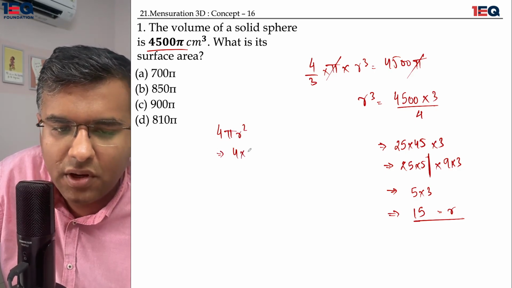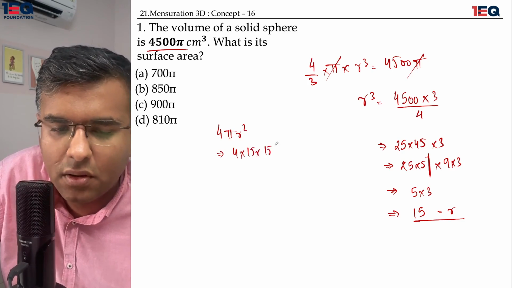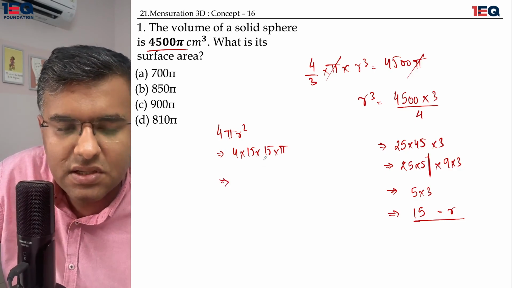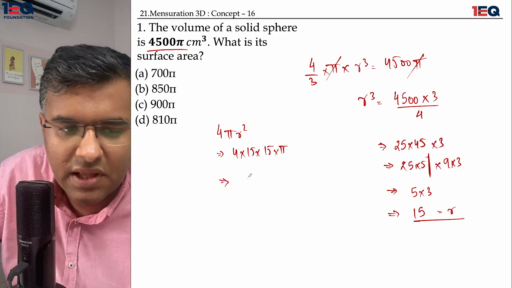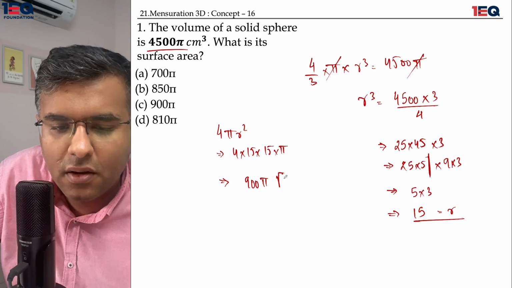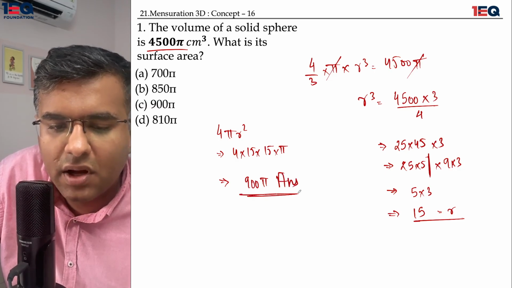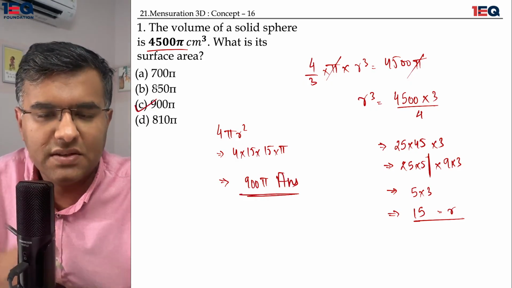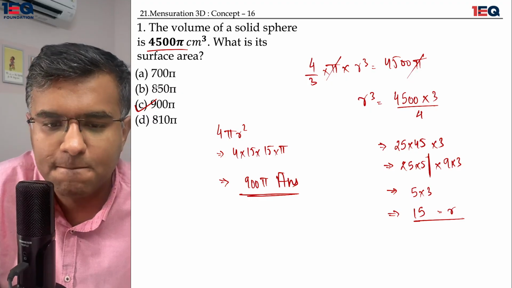So 4 into 15 into 15 into pi is the answer. 15 4s are 60. 60 15s is 900. So 900 pi is my final answer. Right? That's going to be my final answer.